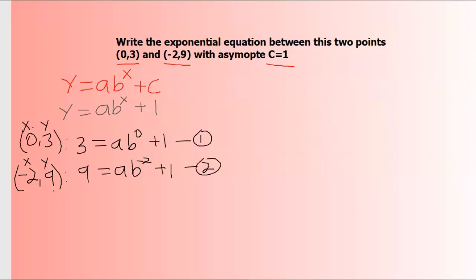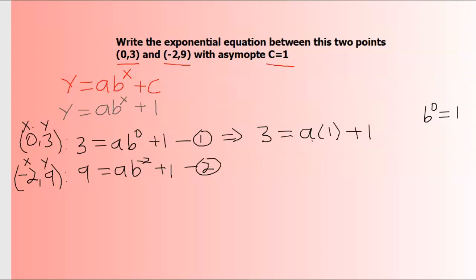From the first equation, we are dealing with exponents, and we know that any number to the power 0 is 1. So 3 equals a times 1, because b to the power 0 is 1, then plus 1.